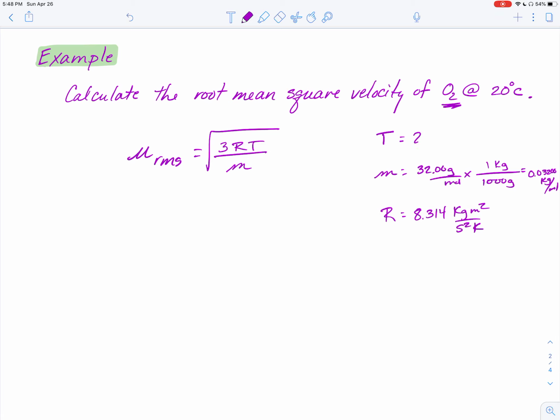And our temperature is 20 degrees Celsius, but remember we do everything in Kelvin, so we're going to make that 293 Kelvin. So all we have to do is plug these values in.